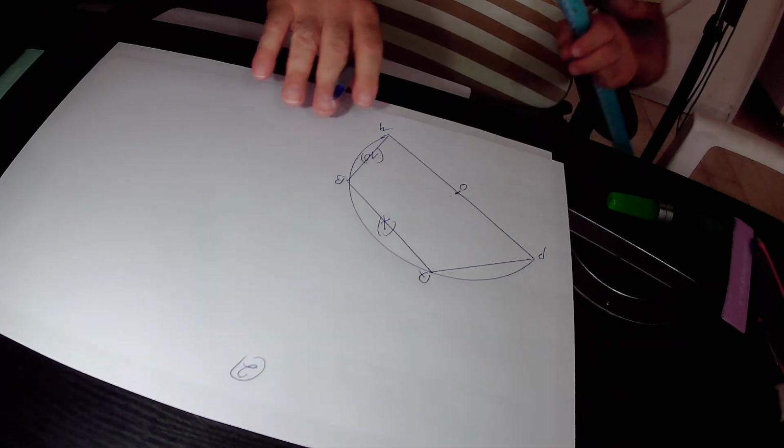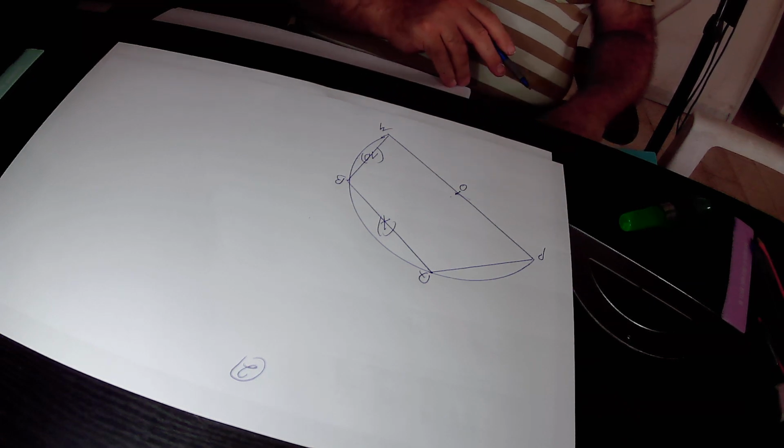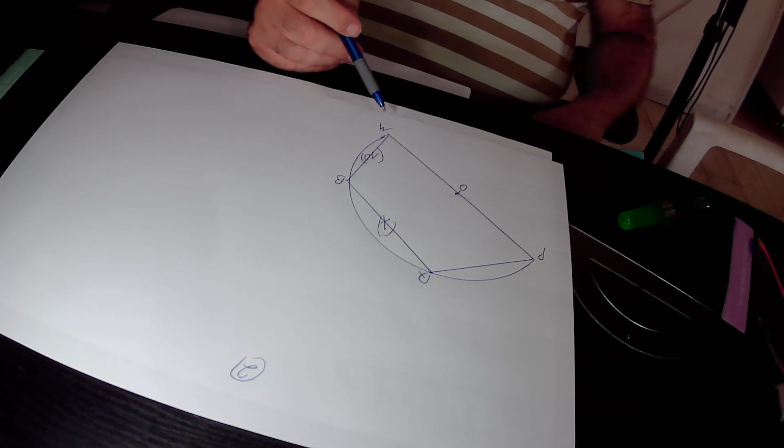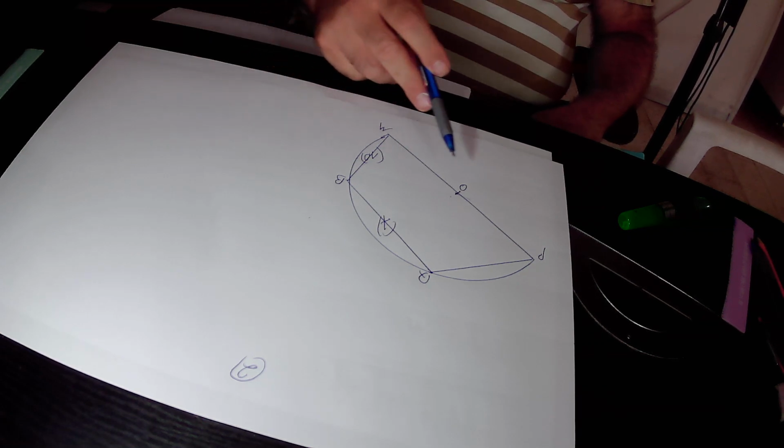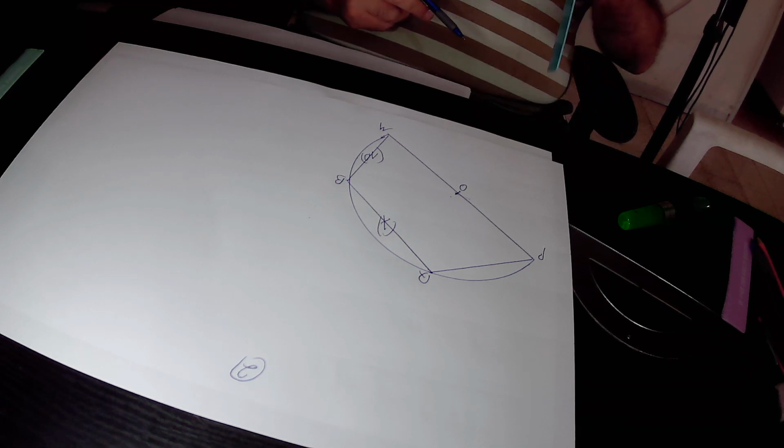So here, this is the semicircle with the diameter PM that I copied from the original drawing. In the next step, we'll extend side AB and side PQ by straight line until they touch each other.